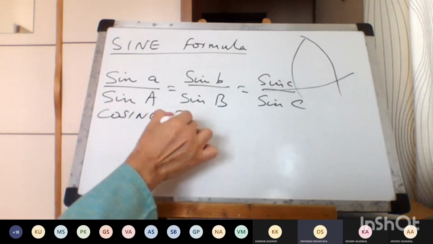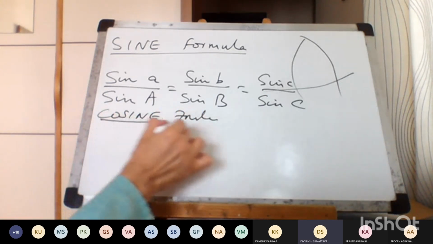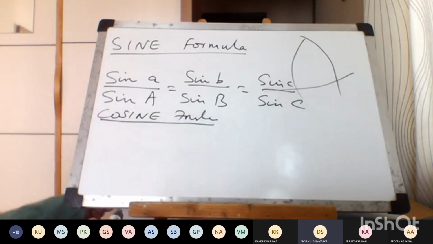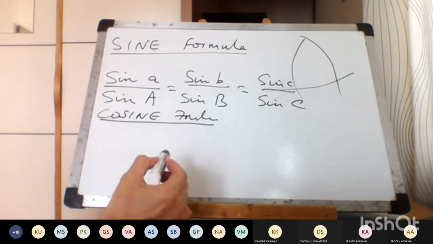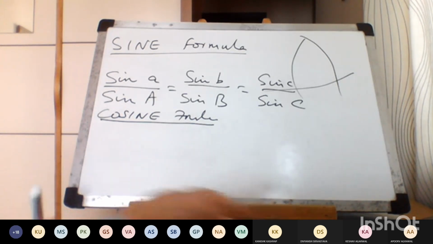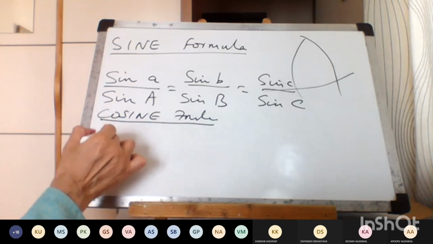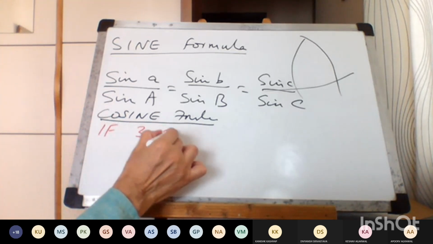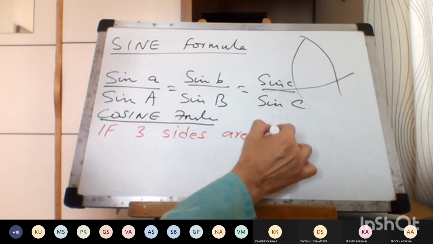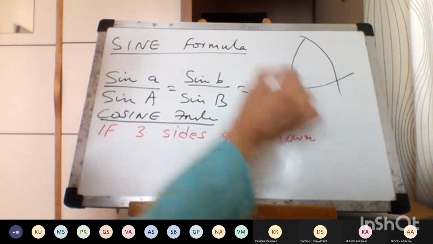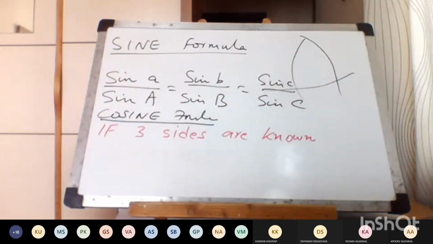And which is the cosine formula? If 3 sides are known, then what is the formula?